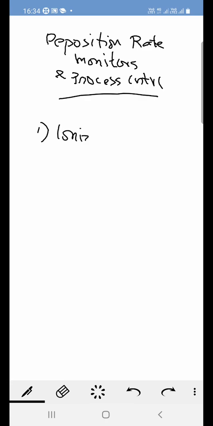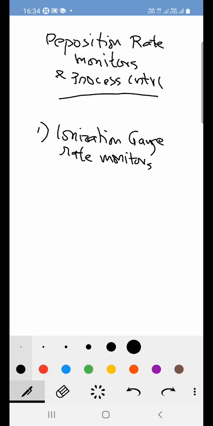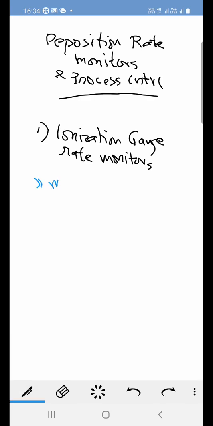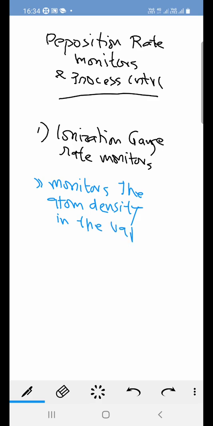Now, the first rate monitor that we shall discuss is the ionization gauge rate monitor. This rate monitor works on the principle that it monitors the atom intensity in the vapor which has been produced for deposition by ionizing the vapor.